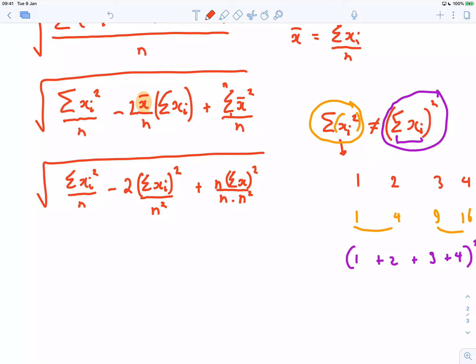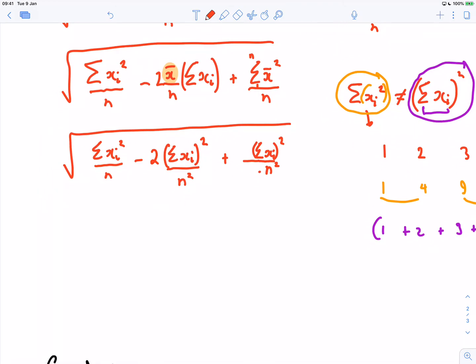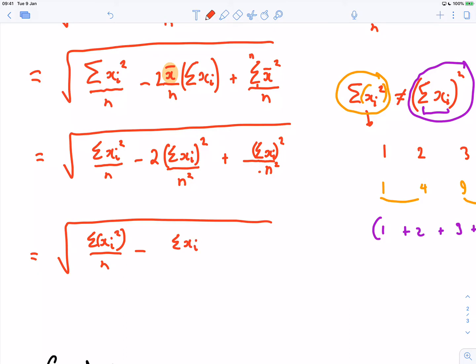Right, so what's going to happen? These two n's are going to cancel, so goodbye, goodbye. And now, actually, I forgot the xi here. And now, when you look at it a little bit carefully, this is going to tidy up nicely to the sum of xi squared over n minus the sum of xi over n, all squared, like so.